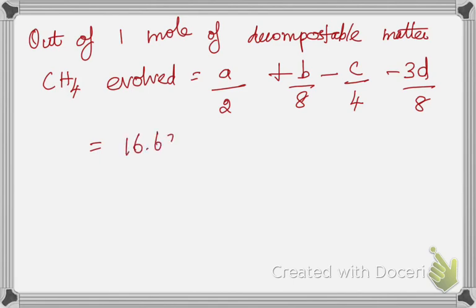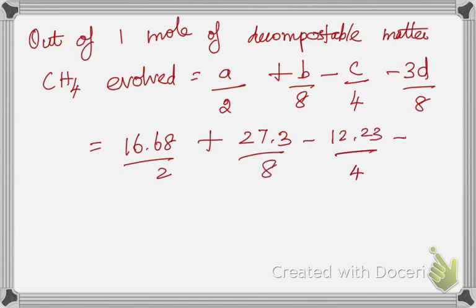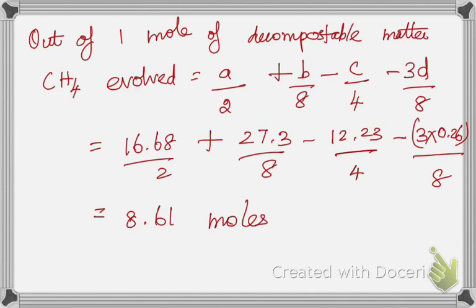A value 16.68 by 2 plus 27.3 by 8 minus 12.23 by 4 minus 3 into 0.26 divided by 8. So if I do this, I'll get the methane value as 8.61 moles.